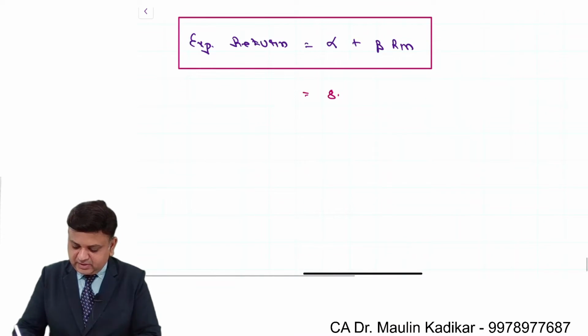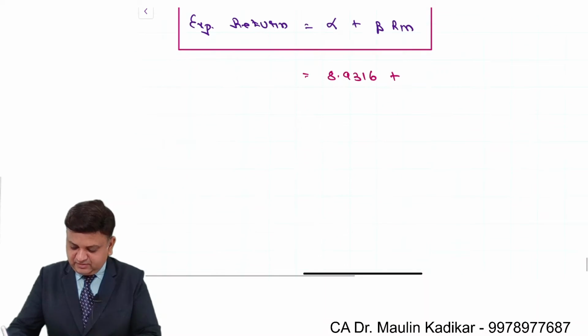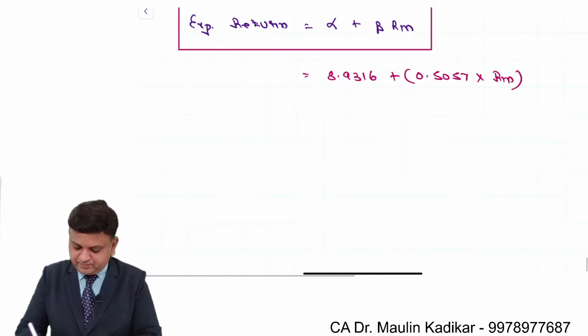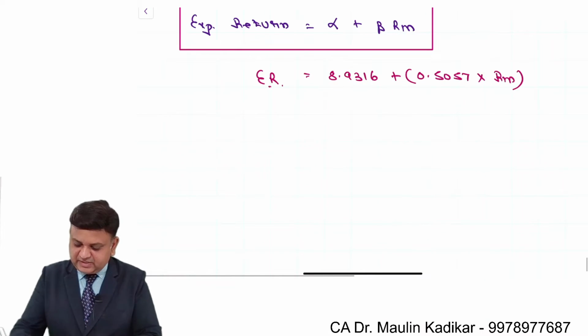So it is 8.9316 plus beta into Rm. And what is beta? Beta is 0.5057 into return on the market portfolio. This is the way the expected return will be calculated.